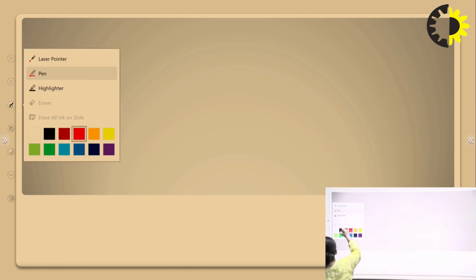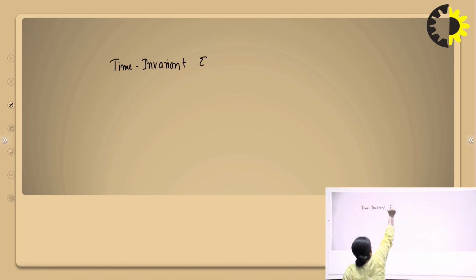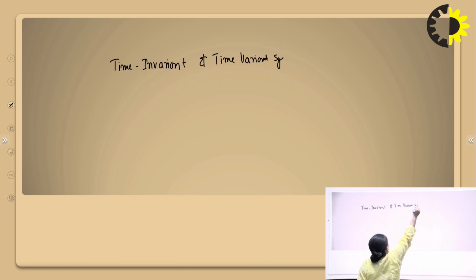Okay. Now moving to the next part, that is a very important category again, that is time invariant and time variant system. Now what are these systems?